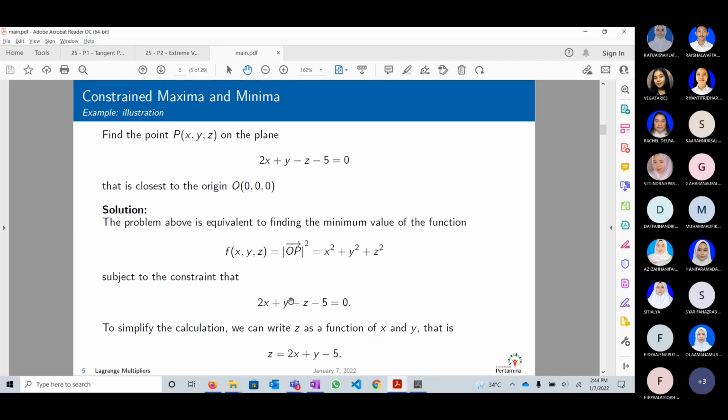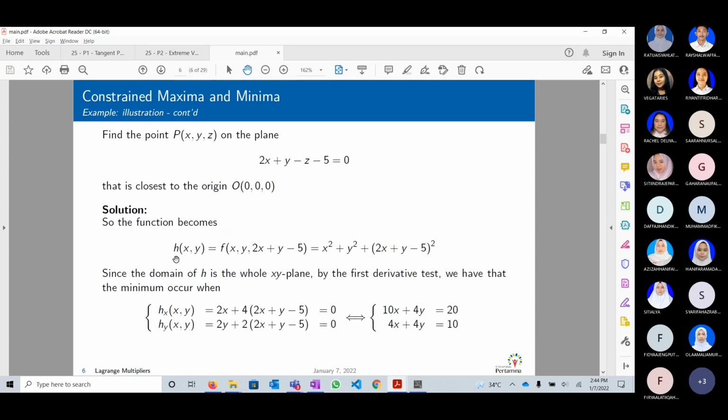And in this case, to simplify the calculation, we try to write z as a function of x and y. That is, z is equal to 2x plus y minus 5. So in this case, we obtain the new function h of x, y, which is f of x, y, 2x plus y minus 5, which is x squared plus y squared plus (2x plus y minus 5) squared.